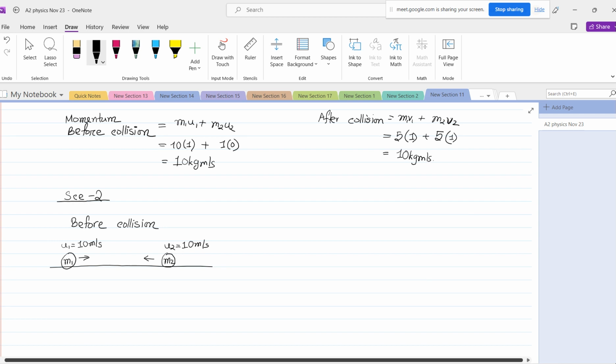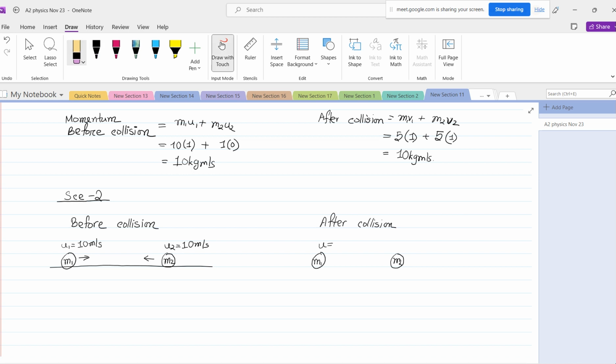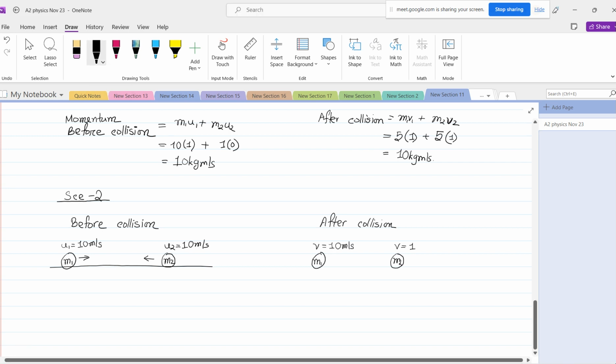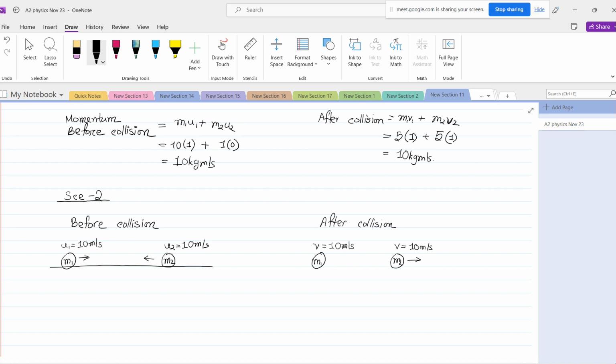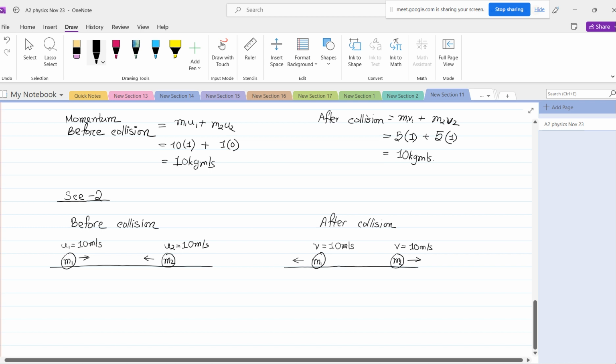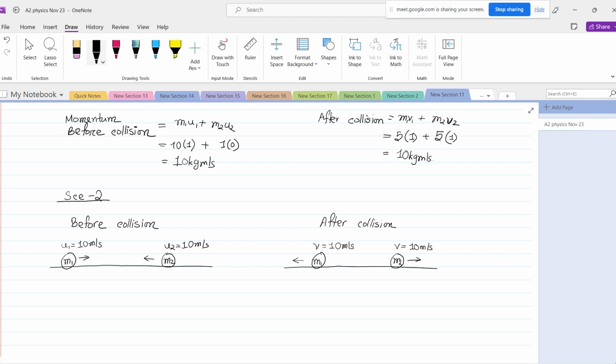Now, unlike the previous example, here the two particles are moving in opposite directions before collision, and after the collision they are moving in the opposite direction.